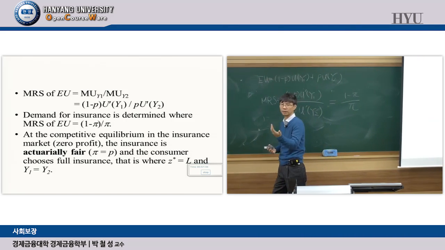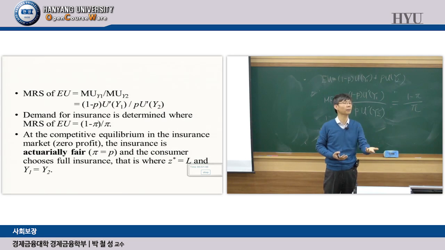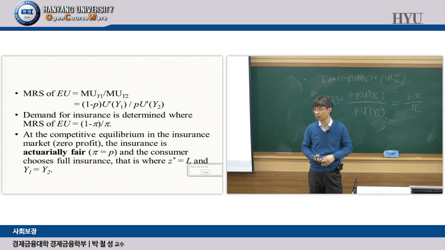So if they charge, let's say, 6% for an event that has a probability of 5%, then there will be a company saying that we will charge you 5.5%, but still make 0.5% profit. Then another company says we will charge you 5.2%, and you go on and on.